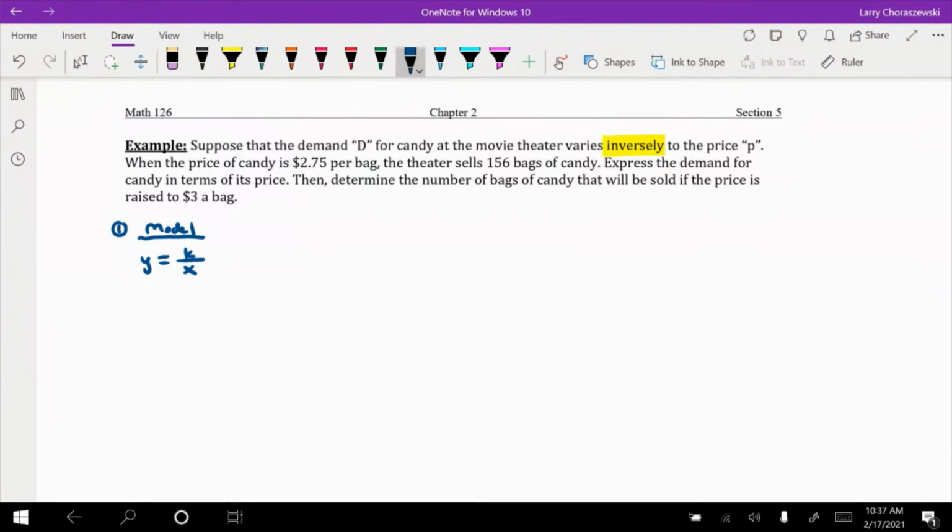So my first question for you is, which variable should we replace y with? You got it. Yep. So there's our keyword. The variable to the left of it is d. That's what we replace y with. Which means that we should replace x with p.